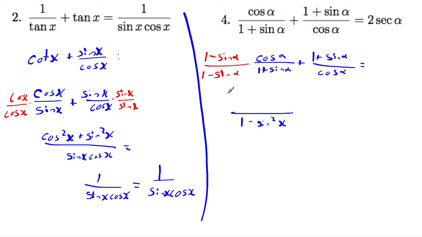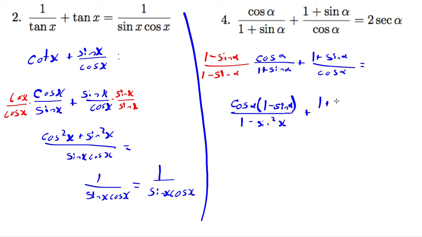These are conjugates, so they give a difference of two squares in the denominator. In the numerator, I'm going to do cosine of alpha times 1 minus sine of alpha.